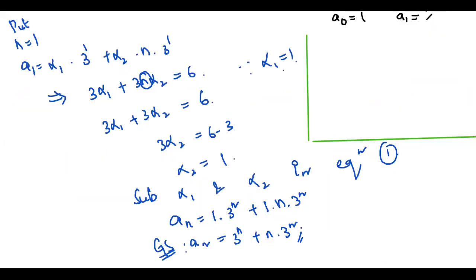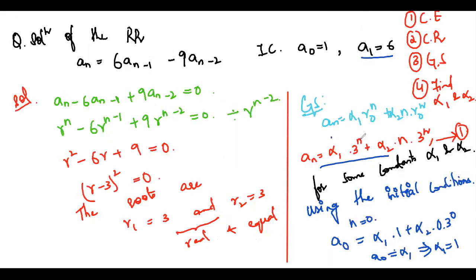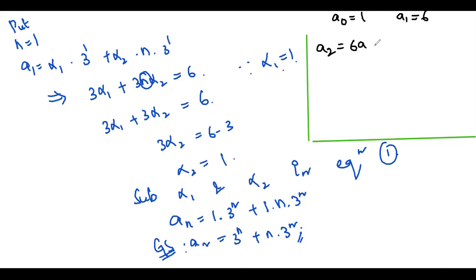Yes, A1 is 6. Now, if we want to find A2 using the recurrence relation, it is 6an minus 1. So A2 will be 6a1 minus 9a0. So A2 is given as 6 into 6 minus 9 into 1, 36 minus 9, which is equivalent to 27.